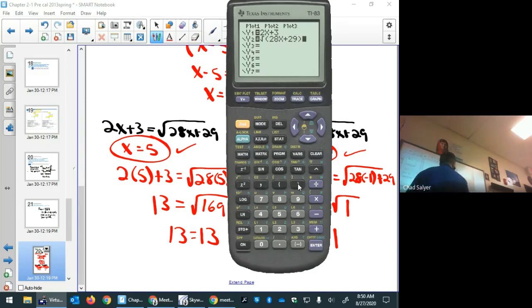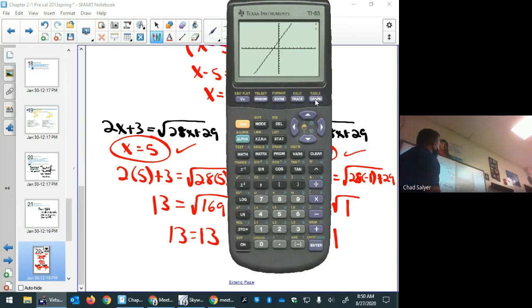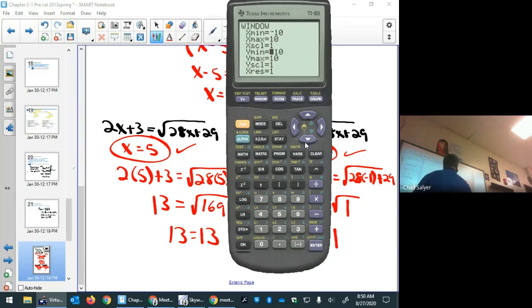Now again, I have to be able to manipulate my window to see where any intersections occur. We'll graph just on the standard window first. Okay, so there's something going on there. We need to zoom out. So let's change our max y value to 50.